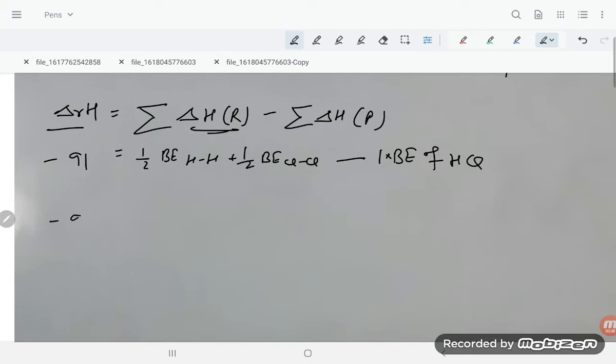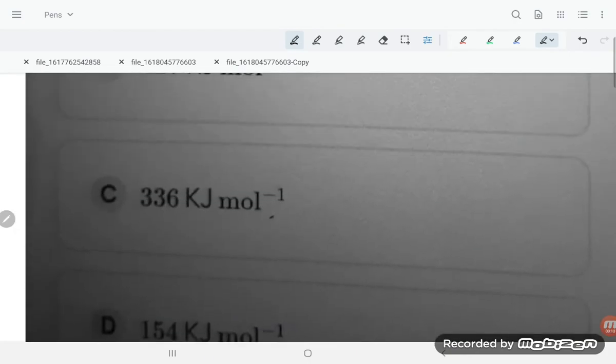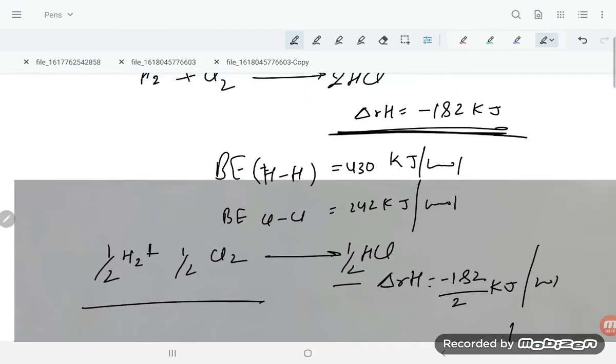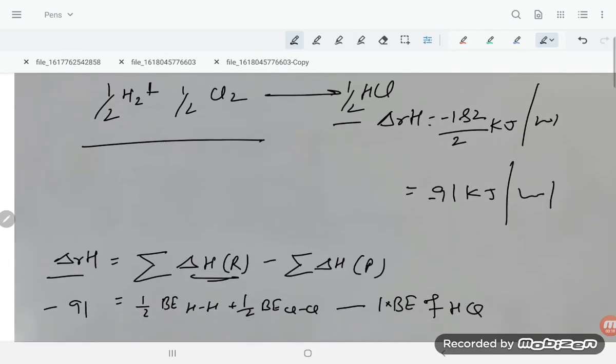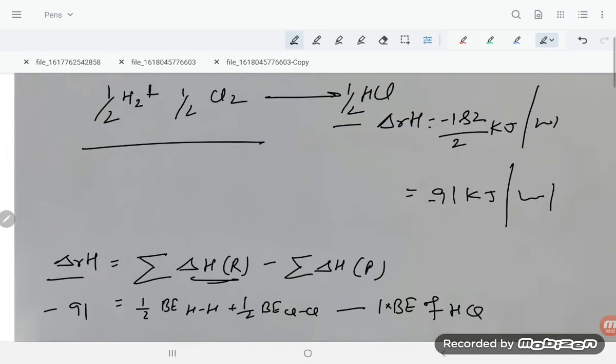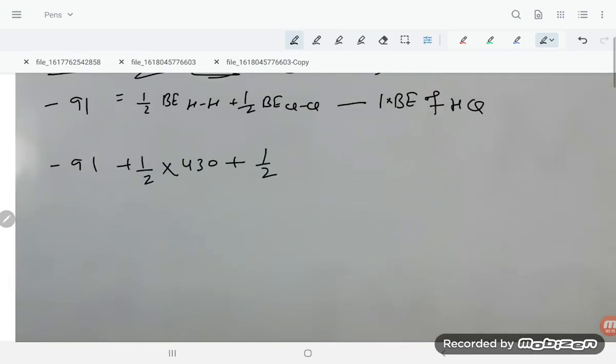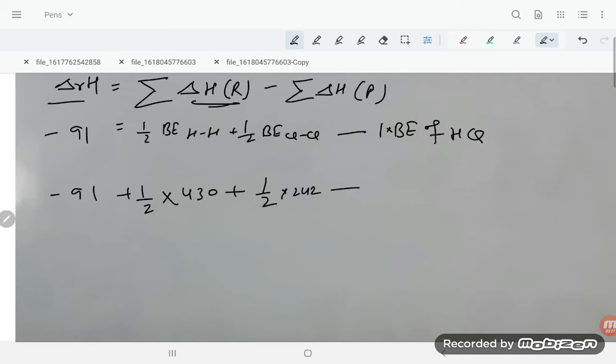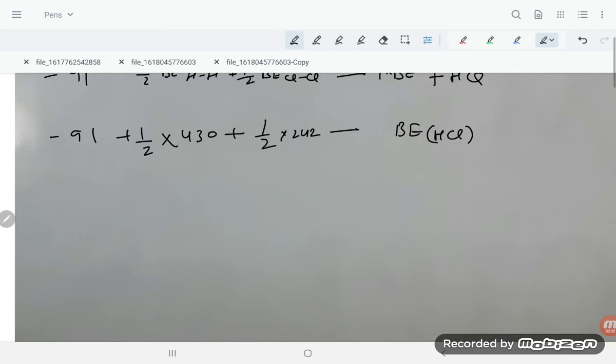So put the value: minus 91 equals 1 by 2 of the H-H bond, which is 430, plus 1 by 2 of the Cl-Cl bond, which is 242, minus the bond energy of HCl, which they are asking for. Take the HCl term to this side, so the bond energy of HCl is equal to how much?